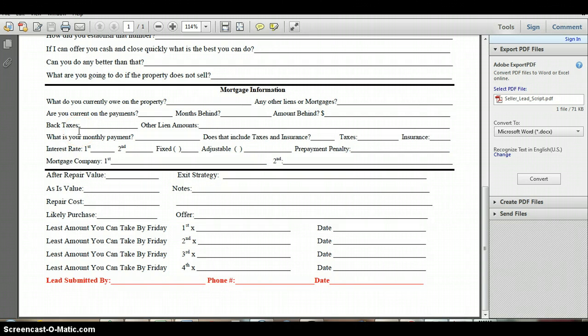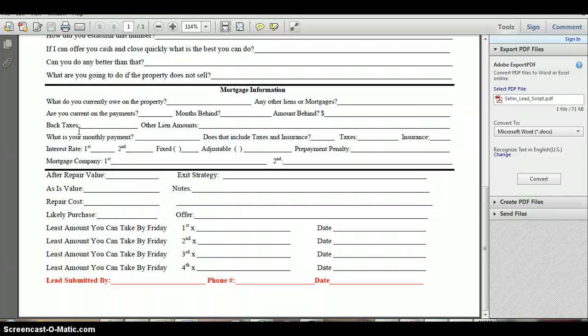Back taxes are a big thing, especially with some of these absentee properties or properties that are probate or they have just been left sitting for a long time. We actually had a property last summer where the owner of the property had not paid taxes in about 8 years, and the amount of taxes owed was over $18,000, literally.